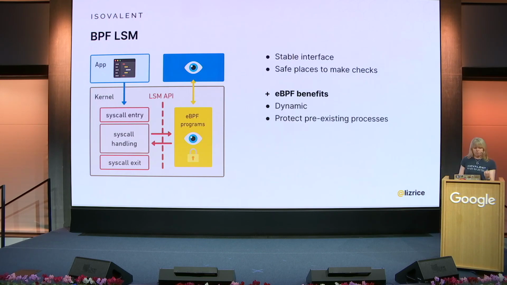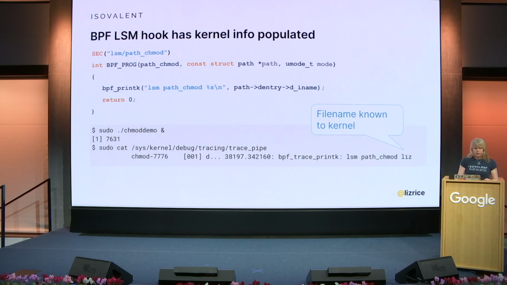It's a great potential interface for security tooling. There had to be changes made in the kernel to allow BPF programs to hook into this LSM interface. But they're really useful. It's a great place to run BPF programs because you've got access to information like the file name after it's been copied into kernel memory.